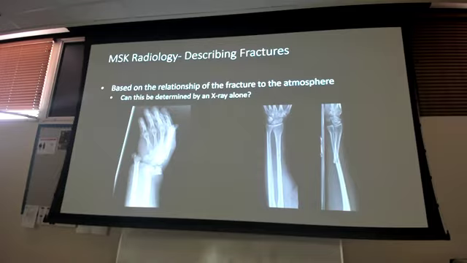Right there. So yes, you can determine open versus closed based off of x-ray alone in some cases. This one we covered as a soft tissue little notch. That gives us that clue on that one. That one would still be considered open. Still open, because even though the bone went back in place, it exposed to the outside world. The wound is exposed to the outside world. It is still an open fracture.